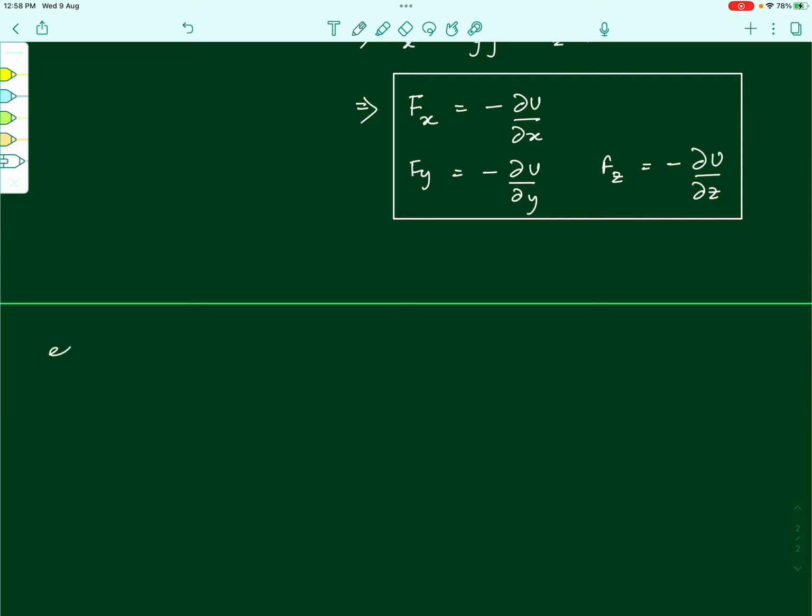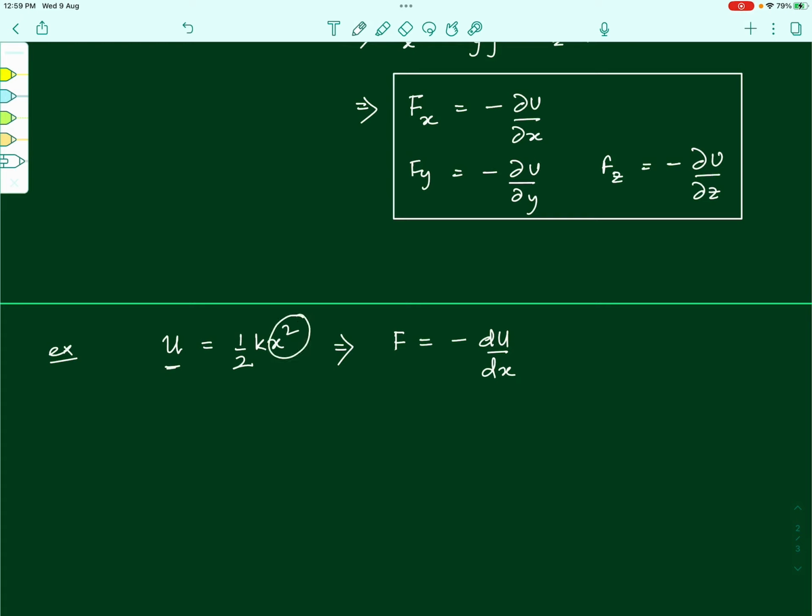For example, we already know that the potential energy of a spring is given by half kx squared, right? From this potential energy function of a spring, can we find out the force that a spring exerts? F, which by definition should be minus of d. Here I can write du by dx because I see that potential energy is only a function of x.